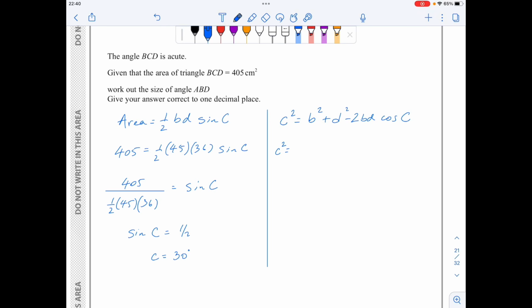C squared is equal to 45 squared plus 36 squared minus 2 times 45 times 36 times cos of 30. This comes out to be 515.07 and so on. So c is equal to 22.695 and so on.